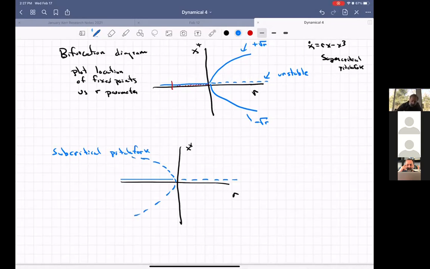So this is now the normal form: x dot is rx plus x cubed.